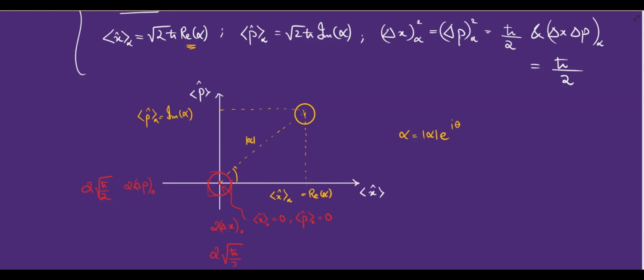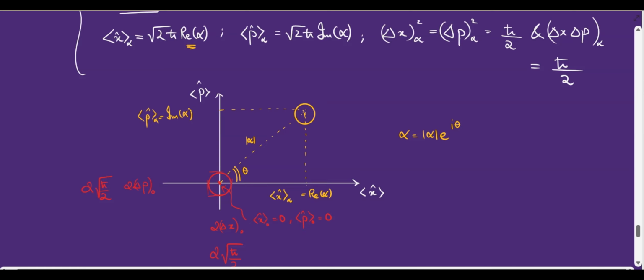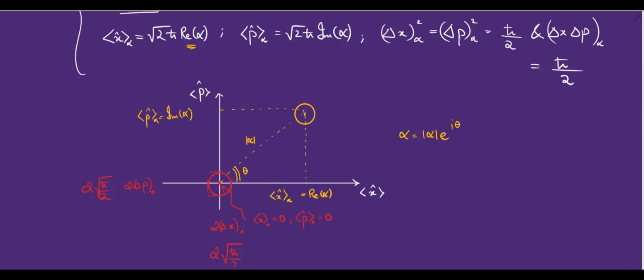So this angle is equal to theta, and this is mod of alpha, just like how we do it in the complex plane. The spread here again is the same as that of the vacuum state: 2 times delta p alpha, which is equal to root of 2 into root of h bar by 2, and here it is 2 times delta x alpha, which is 2 times root of h bar by 2.